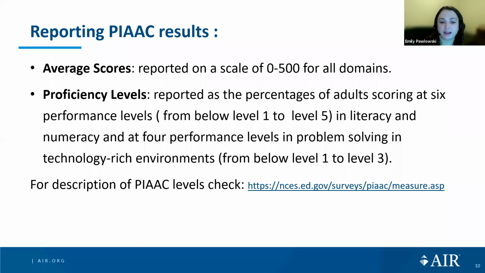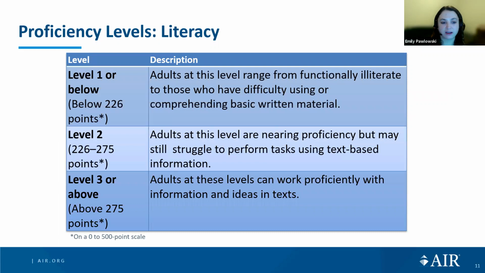You can visit the NCES site for more description of the levels, but basically the levels are defined by the different types of tasks that adults at that level can do, going from basic skills to more advanced. As you can see here, these are looking at the lowest levels in literacy, so that's level 1 or below.